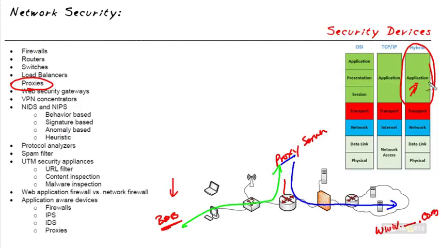It also has an opportunity to take a really hard look at all the details at the application layer, including, for example, what website is Bob trying to go to? And we can have rules on that proxy server that specify what type of websites are not allowed or what specific URLs are not allowed. So the proxy server could monitor and limit access to websites, again, based on the rules that we set up.